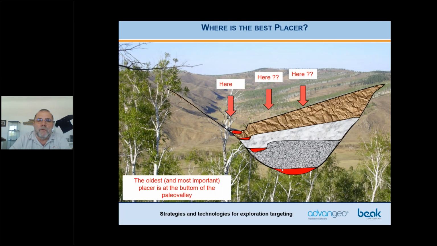And the biggest placer is here at the bottom of the old valley in the center, between the tops of the mountain ridges below the flat slope. And in the recent valley, we will find only a very, very modest gold placer, not worth mining. So geomorphology is very, very important when we look for placers.